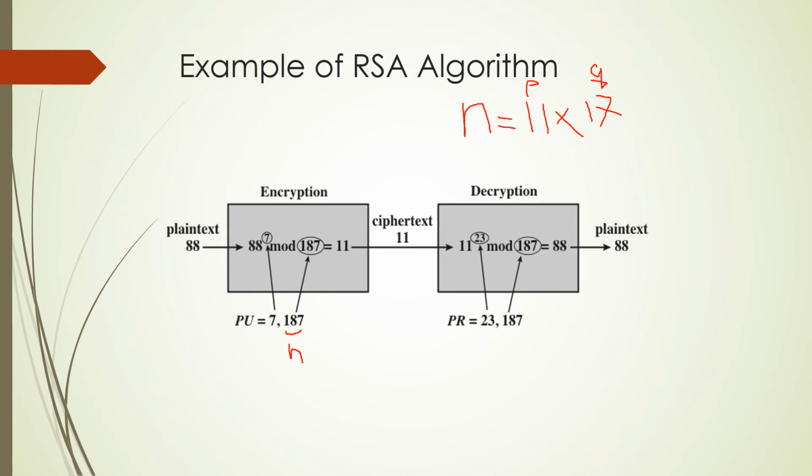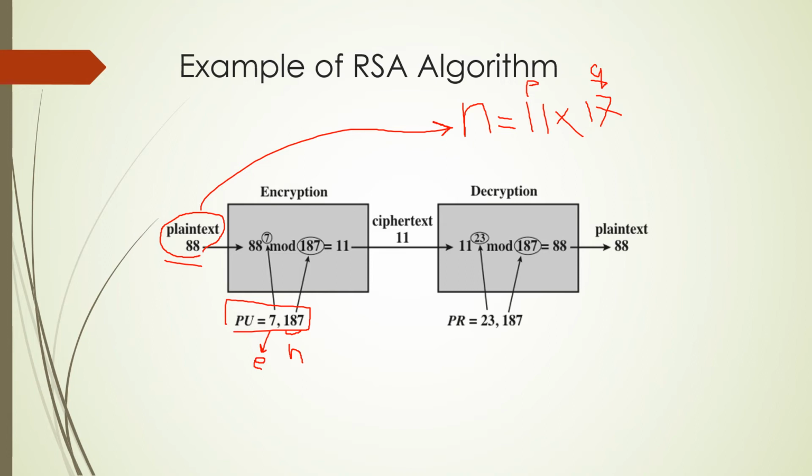And imagine that the plain text is 88, which is reasonable because plain text should be less than n, which is 187. Bob wants to encrypt the message with this public key. The public key is 7 and 187. 187 was the n, and 7 is basically the variable e, which I showed you in the previous slides.